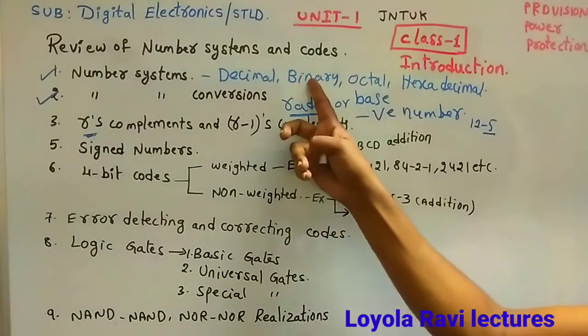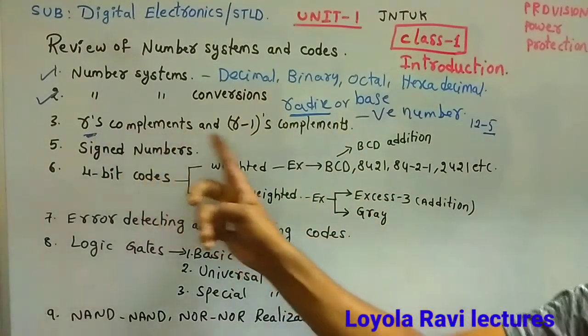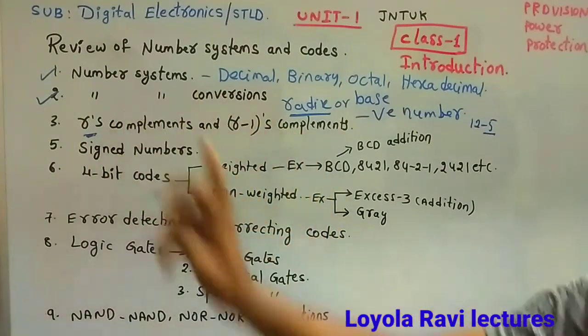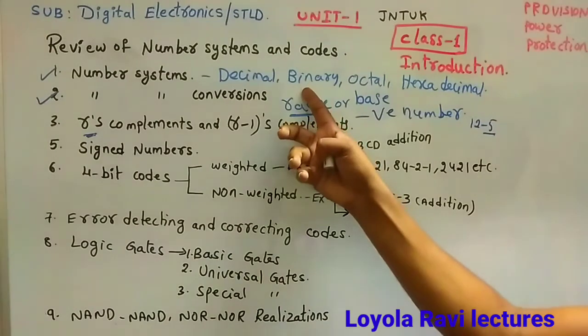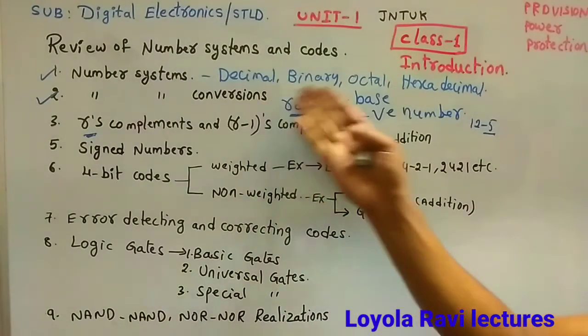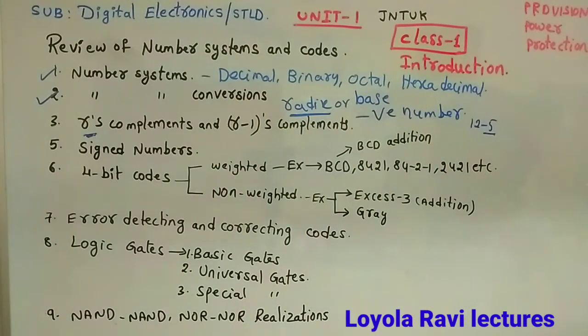For example, if I take R equal to 2, then it is the 2's complement, and 2 minus 1 means the 1's complement. The 1's complement and 2's complement are called binary complements, and so on. You can take not only 10, 2, 8, 16, but any number; it may be the 7's complement, 6's complement, or 5's complement.